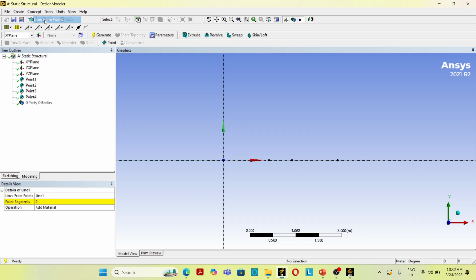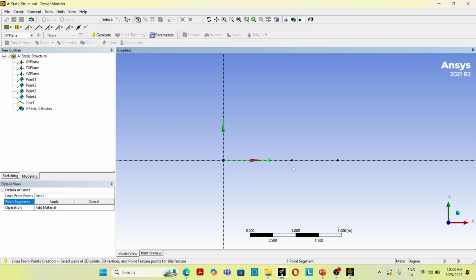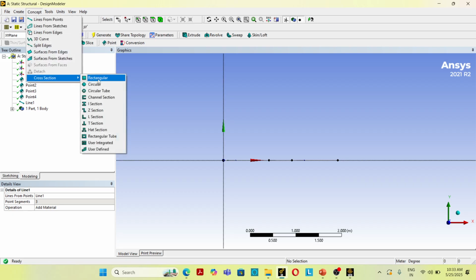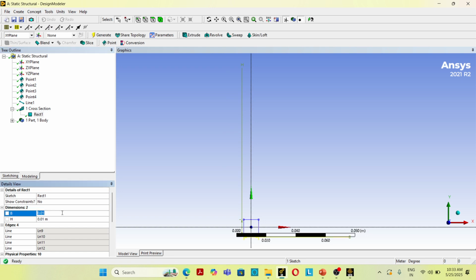Go to concept, line from points. Generate. Go to concept, cross section, rectangular. Generate.